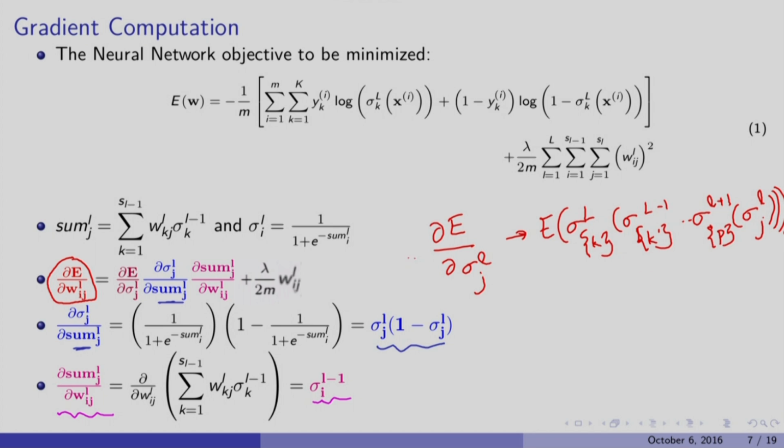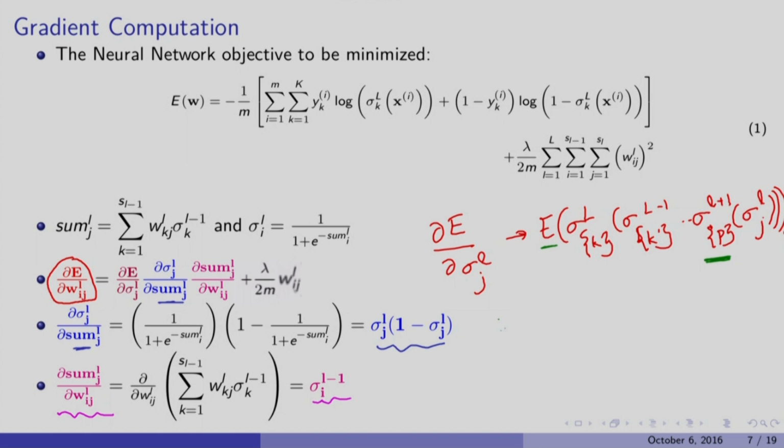So the way we will compute this partial derivative is by computing the partial derivative of error with respect to the next layer, which is sigma p L plus 1.